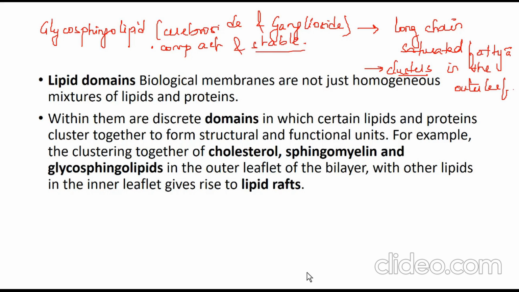Now the structure will look somewhat like this, that the phospholipid molecule head groups are tightly packed and the fatty acid chains are very close to each other.